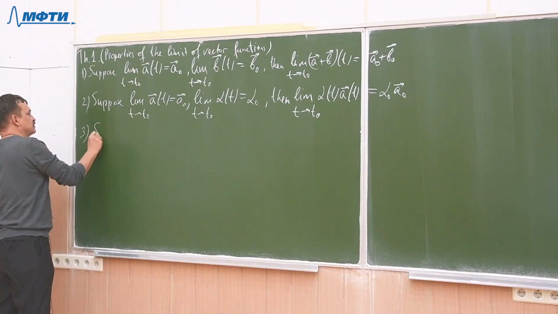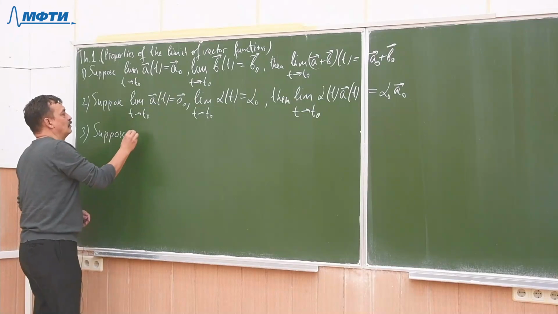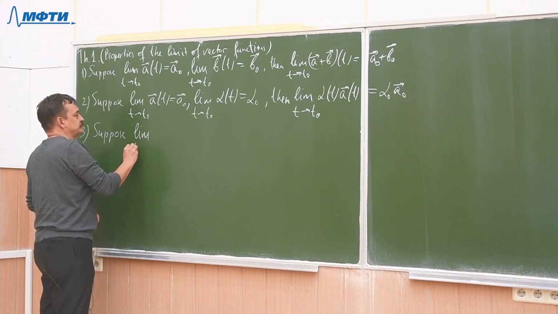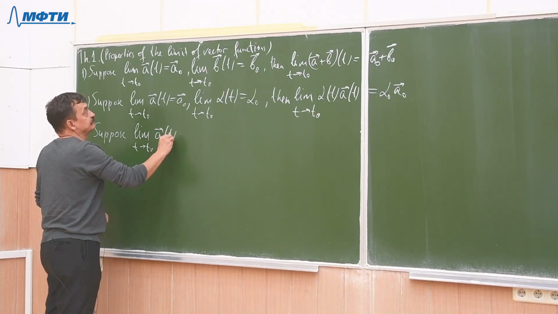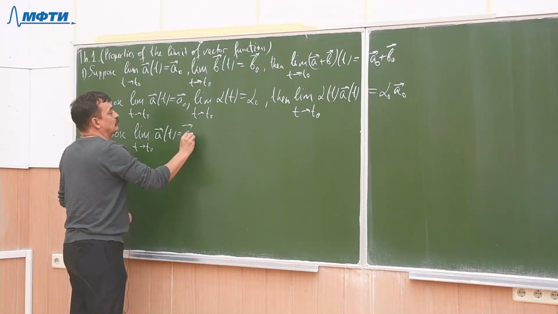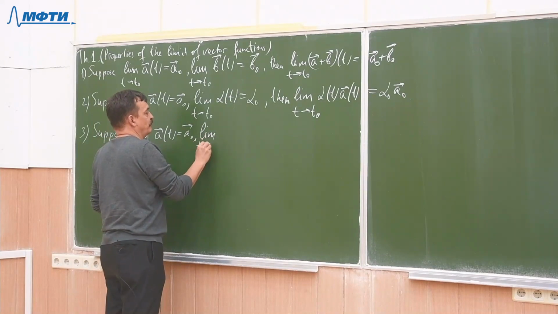Third, suppose, again like in the first, we have two limits of vector functions.